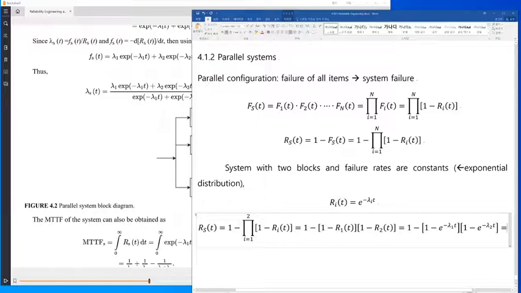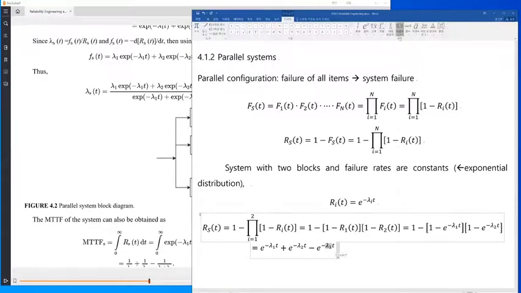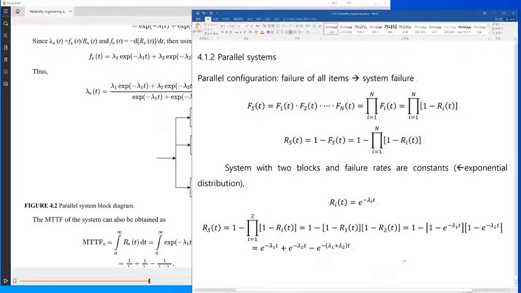This one will be cancelled with this one, and what will be remaining is plus exponential minus lambda 1 plus lambda 2 t. So that's equation 4.8.